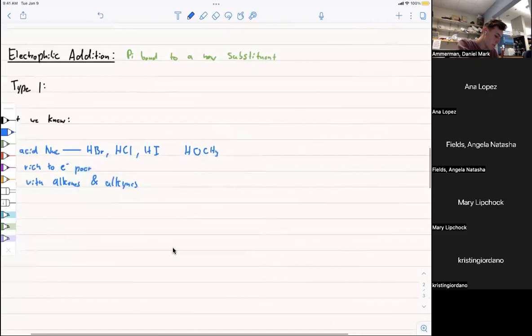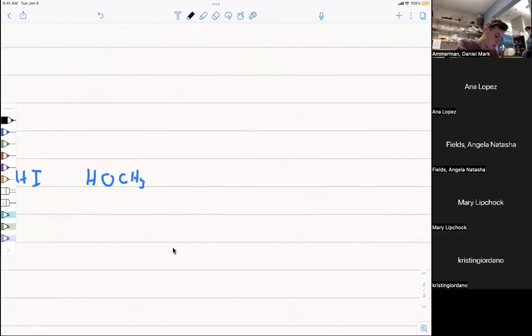For our mechanism, it's SN1 like. So we will be adding the H. I'll be in blue.